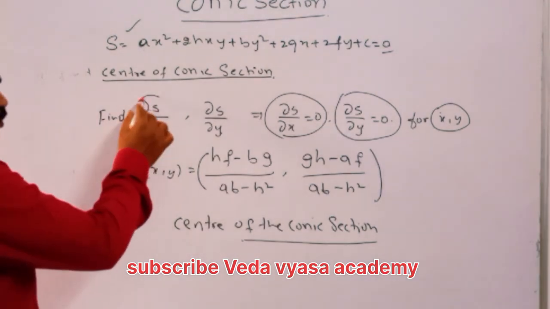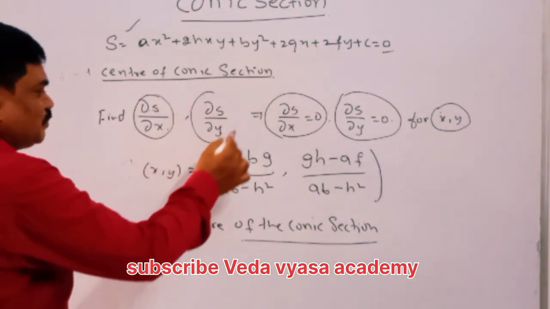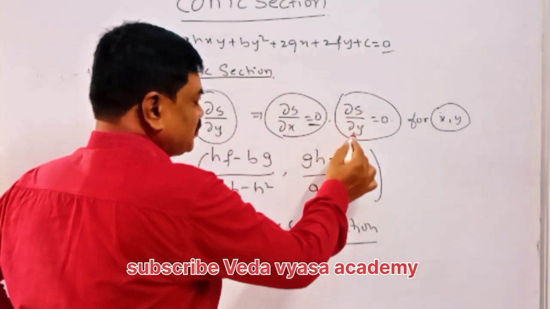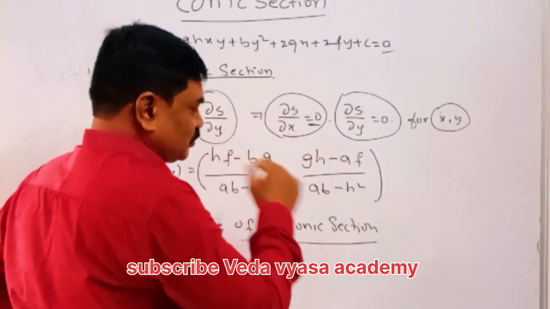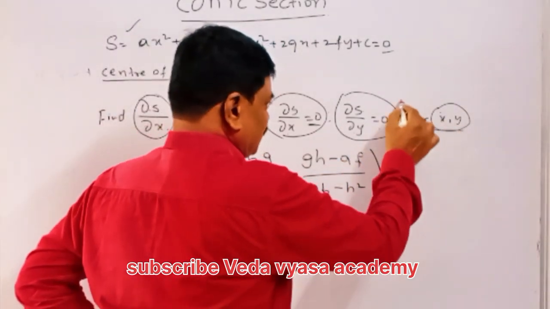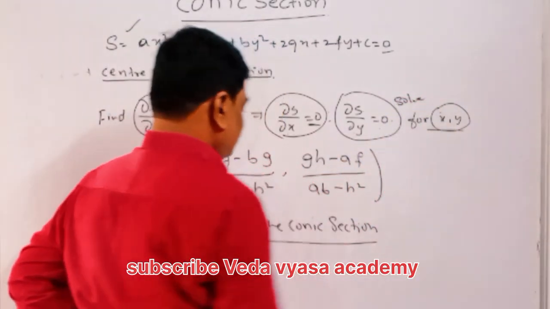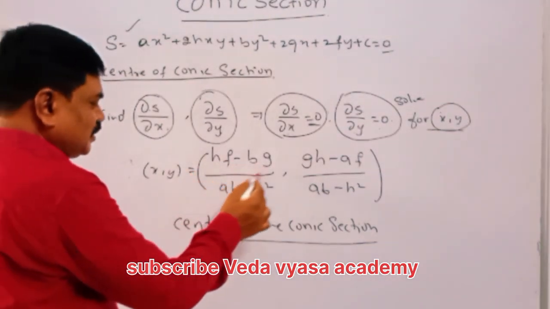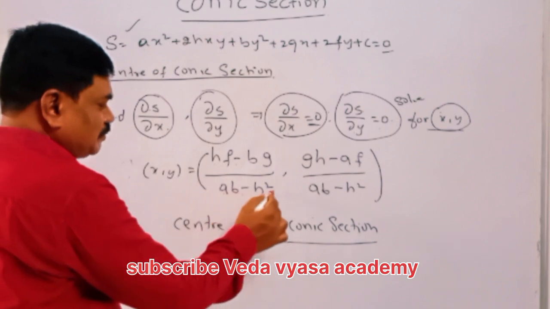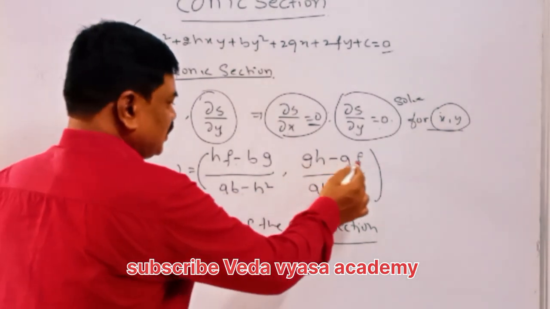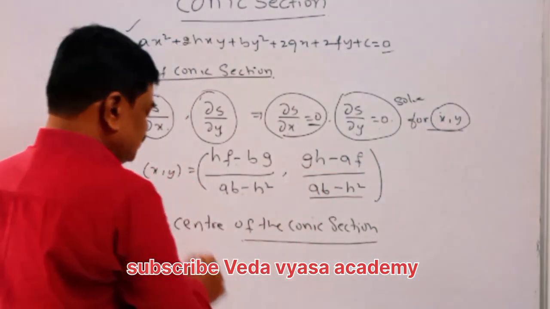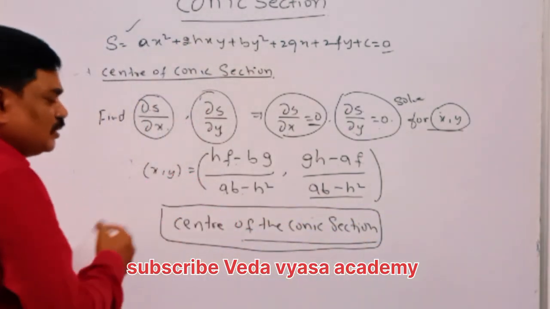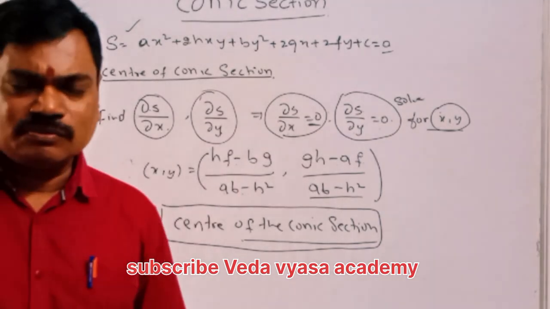Then you find dou S by dou x, dou S by dou y, then dou S by dou x is equal to 0, dou S by dou y is equal to 0. You solve for x, y. Then you will get x, y is equal to hf minus bg by ab minus h square, gh minus af by ab minus h square. This is the center of the conic section, which is very important. So thank you.